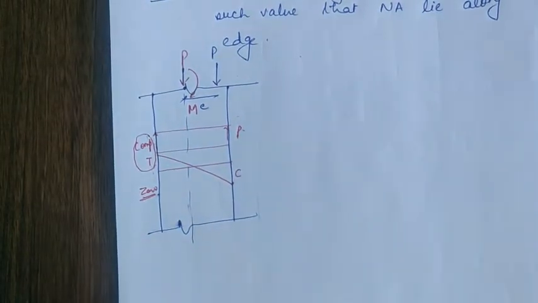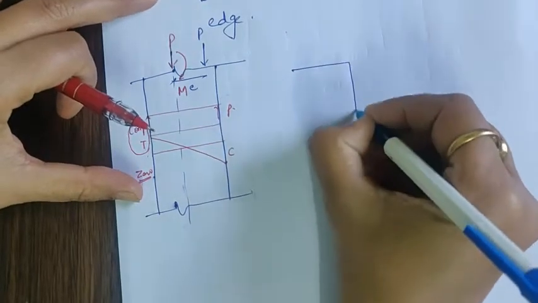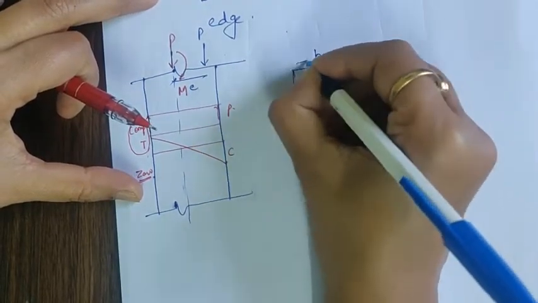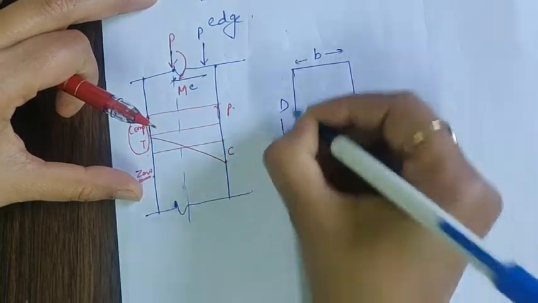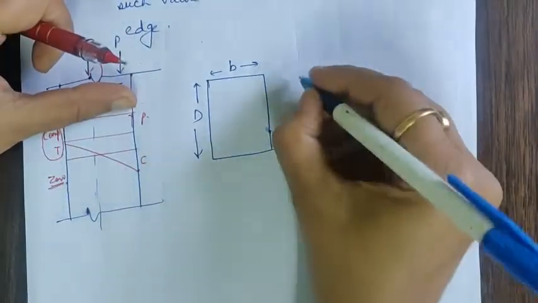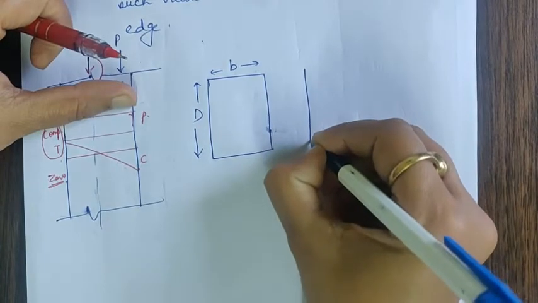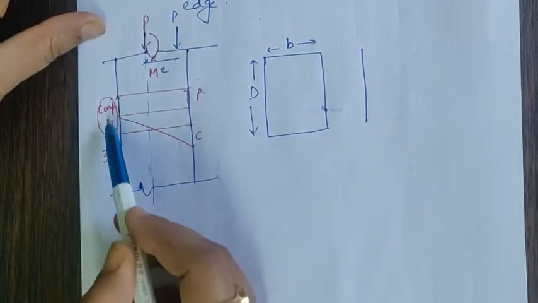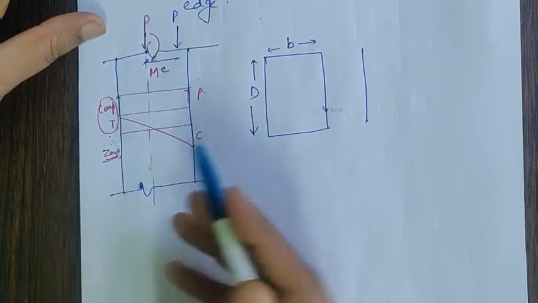So if I am trying to draw the cross section, the cross sectional parameters will be B and capital D. B by D is the cross section of the column. For the strain distribution, on this edge the compressive and tensile strains are equal, they cancel out each other, and the net strain is 0.